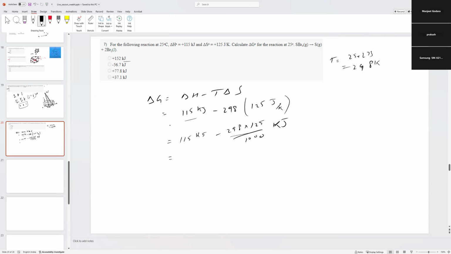This value, 298 into 125, is 37.25 kilojoule. 115 minus 37.25 becomes 77.75 kilojoule, or approximately 77.8 kilojoules.